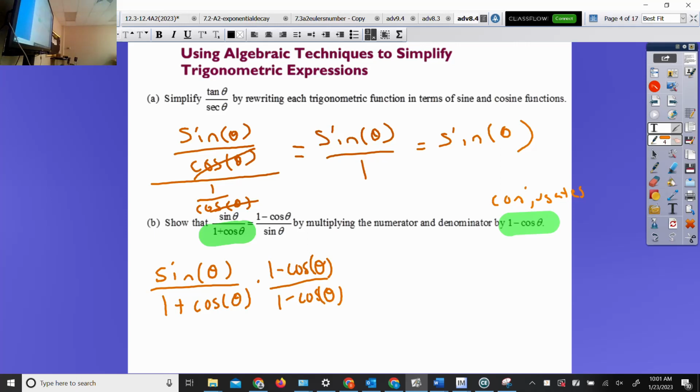And see what happens. What property can you use to handle the numerator? Distribute. All right, I know it's a little funky. Sine theta times 1, sine theta. How about sine of theta times a negative cosine theta? Minus sine theta cosine theta.